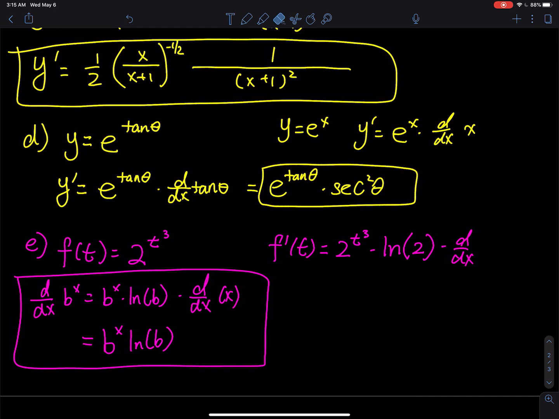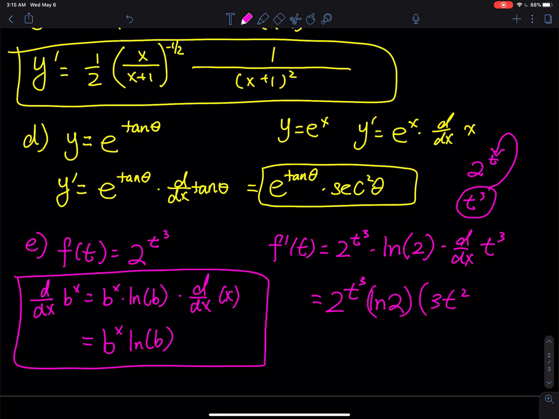So we have an exponential function, 2 to the t, but we have a third power inside. So when you take the derivative of the exponent, that generates a 3t squared. So overall, you have 2 to the t cubed times ln 2, and then you multiply 3t squared. That's your answer.